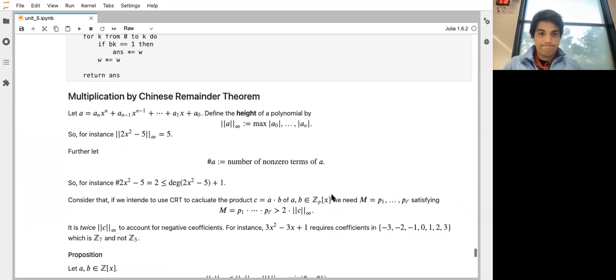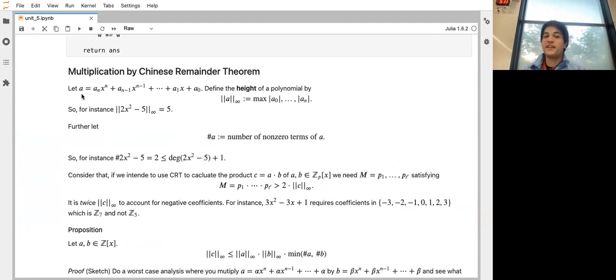Okay, so let's just go through this. If I define a polynomial like this, I'm going to define the height of the polynomial by the largest magnitude of any of its coefficients. So for instance, 2x squared minus 5, its height is 5, because minus 5 is the coefficient with largest absolute value.